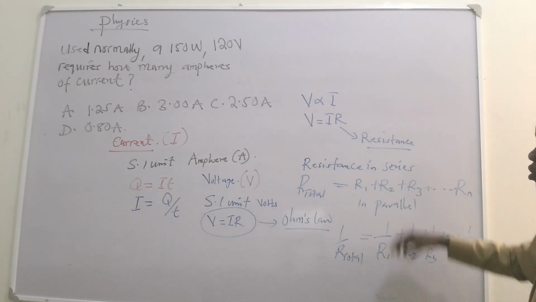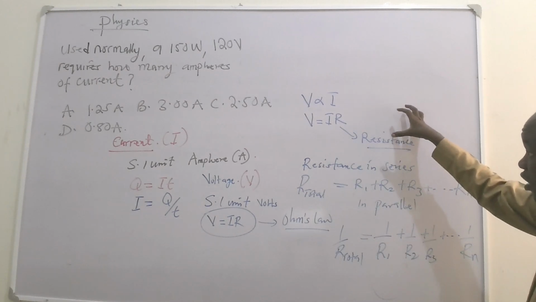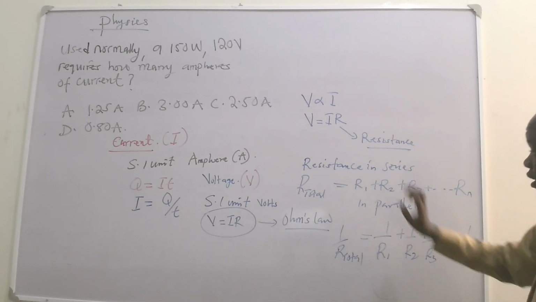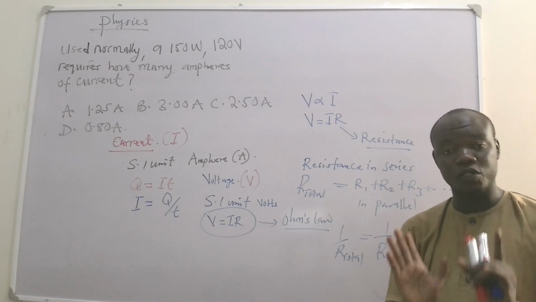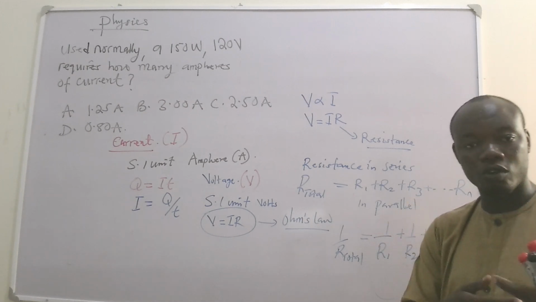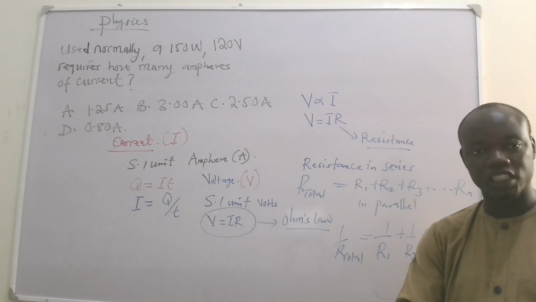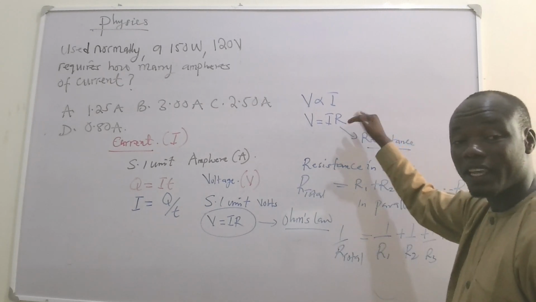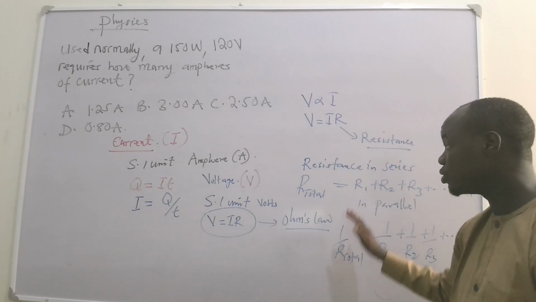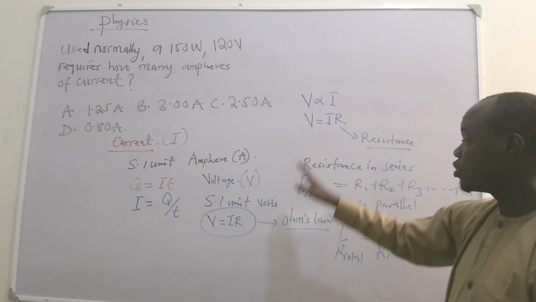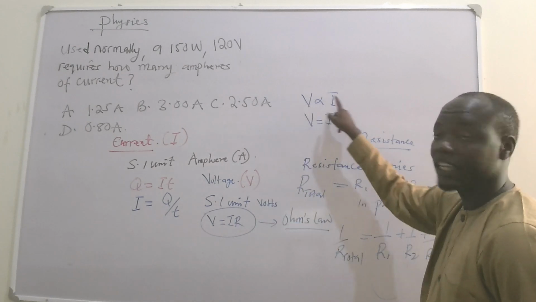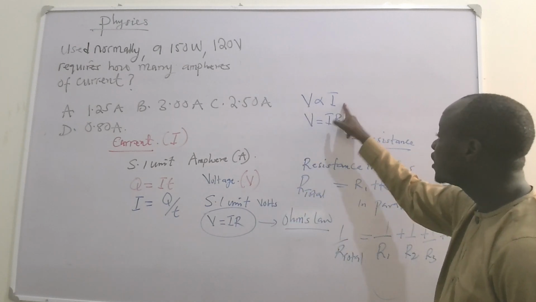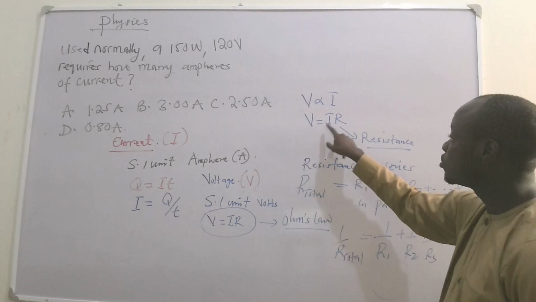So this is for resistance. We have to know all these formulas, because as we solve many problems, we are going to look at different cases where we use them. So, as we said, from Ohm's law, voltage is directly proportional to the electric current, and the voltage is equal to IR.